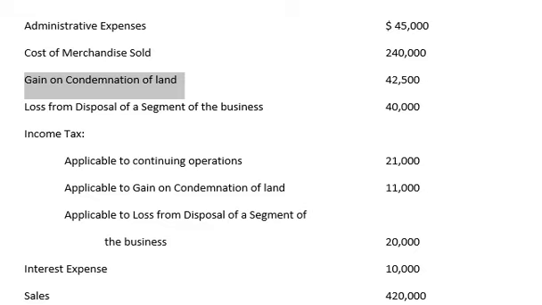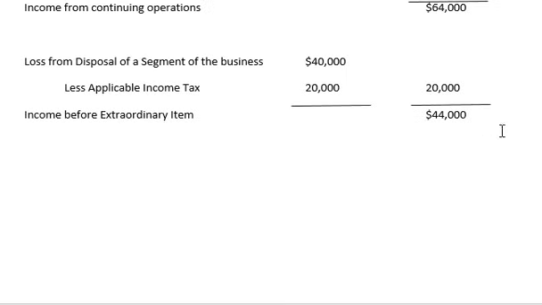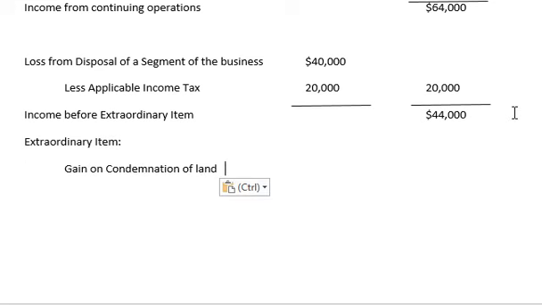So we put this one in here. We put the gain in here, and later we need to subtract the applicable income tax.